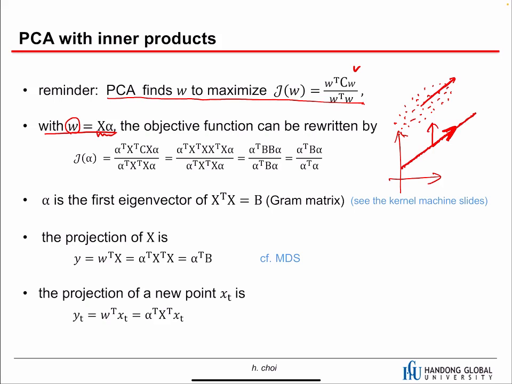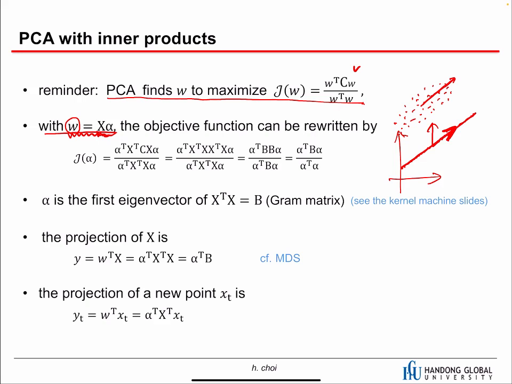Okay, so no matter what kind of manifold we have, this eigenvector should be able to be represented by a weighted sum of data samples. Okay, so we can rewrite W with x times alpha. Alpha is the weight and x is the data sample set.